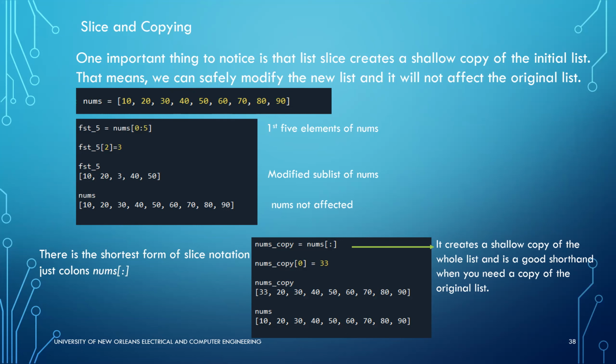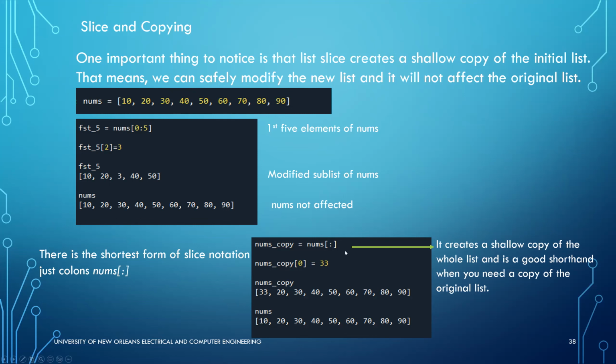There's also a shortest form of slice notation if we just use a colon like this, nums[:]. For example, if I say nums in brackets with a colon and put that content into a new variable called nums_copy, this statement simply creates a shallow copy of the whole list, and is a good shorthand when you need a quick copy of an original list.